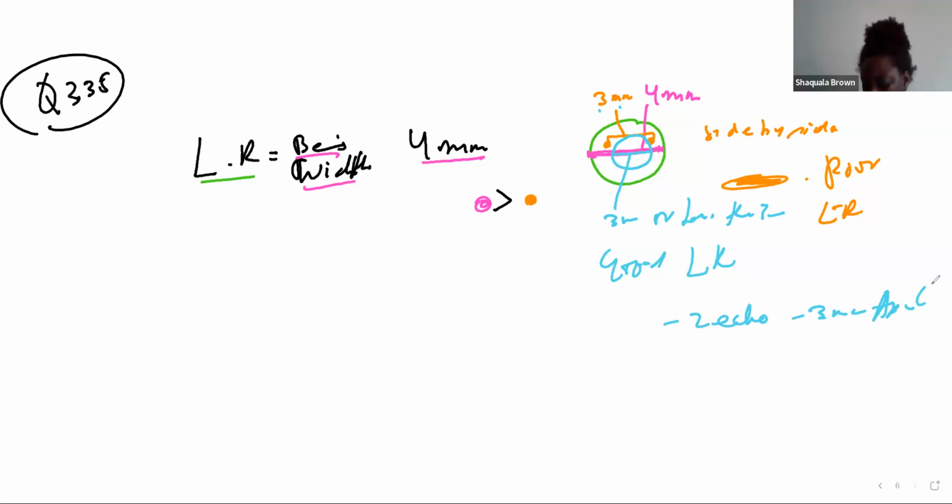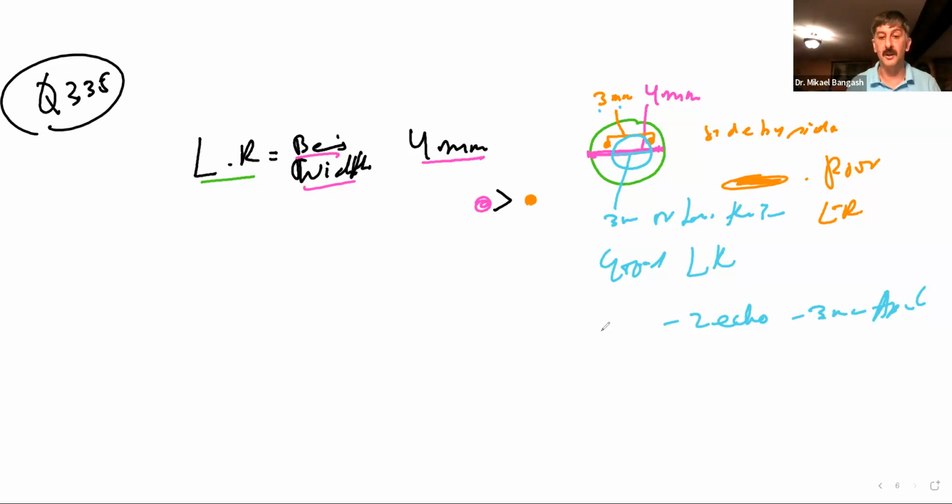The brightness is going to be dependent upon the actual nature of the echoes, what makes up these structures here. Or we will actually see two echoes that are 3 millimeters apart, and we see them as being 3 millimeters apart.